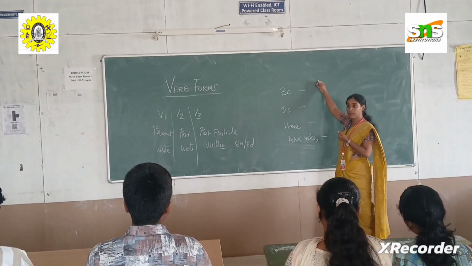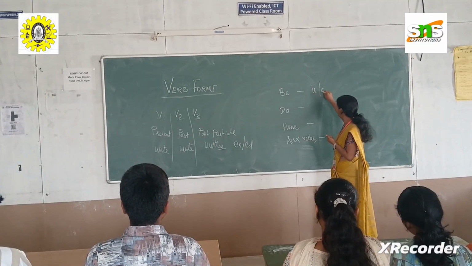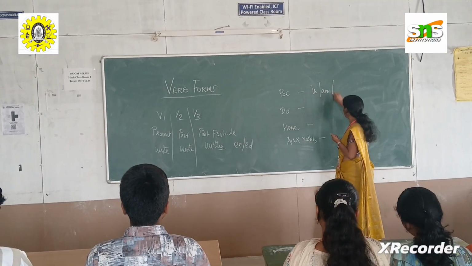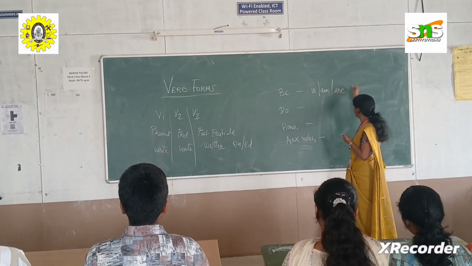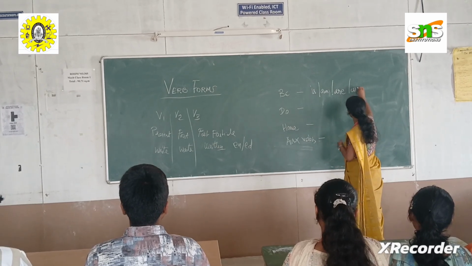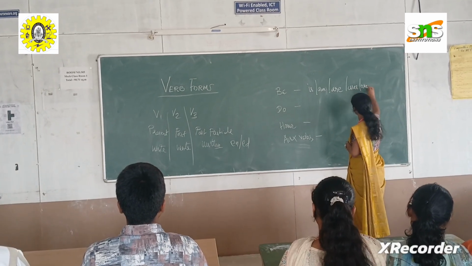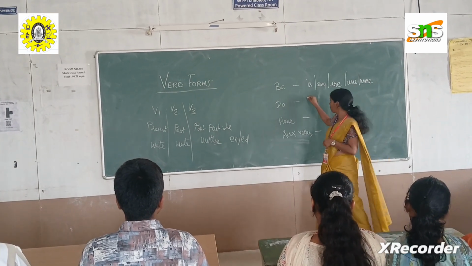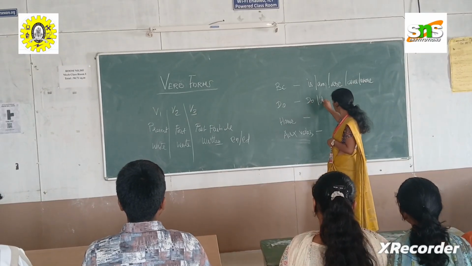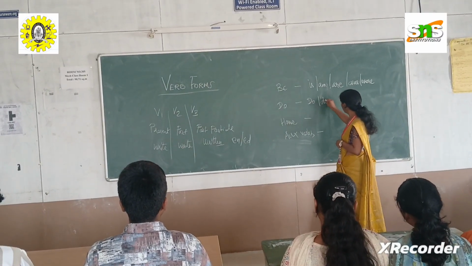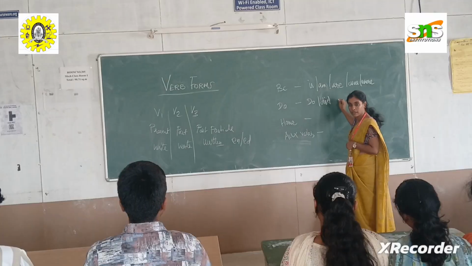Okay. So what are the be verbs? Be verbs are is, am, are, then it is was, and were. So if you go for do verbs, you have do, did, does.